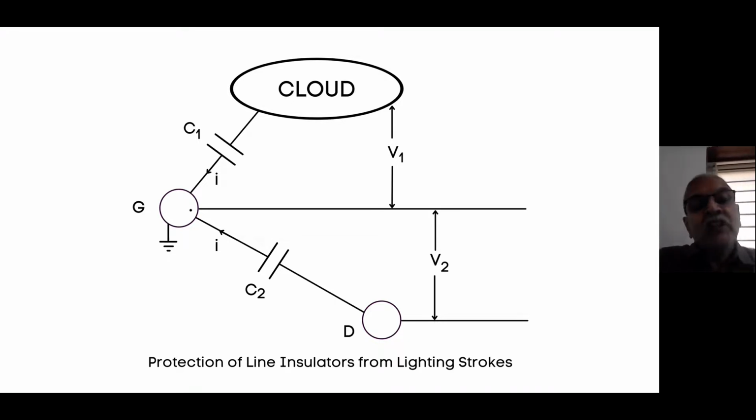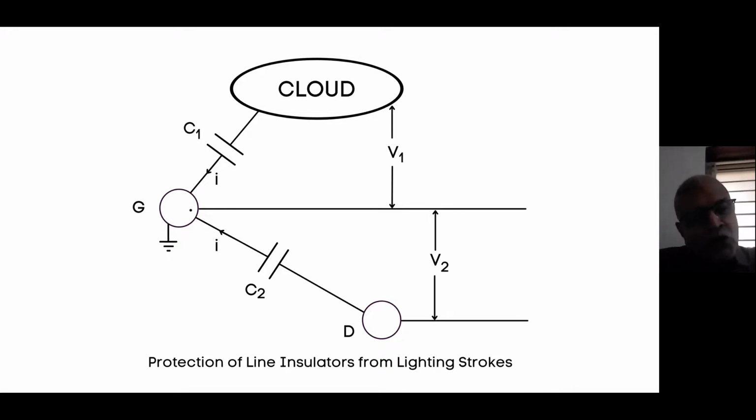So capacitor C1 is an air capacitor, and the voltage between the cloud and ground is V1. D is a phase wire. It is very near to the ground because it is suspended by a line insulator. The epsilon, the permittivity, is 1 for air, but epsilon for the line insulators, that is the ceramic insulators, is high.